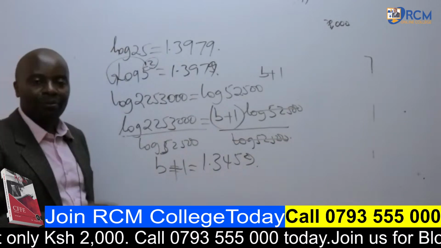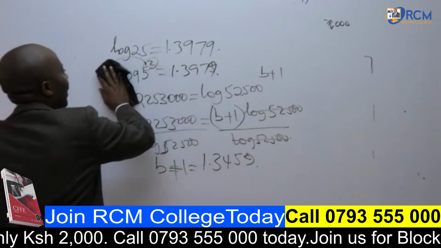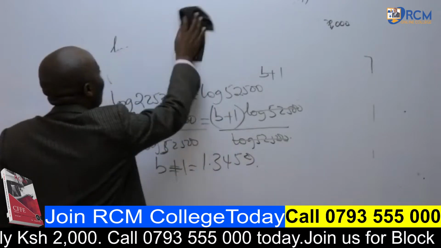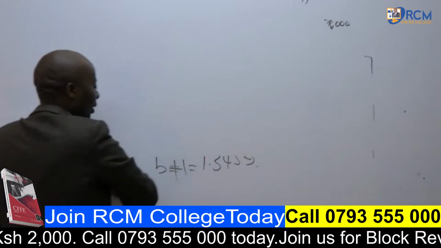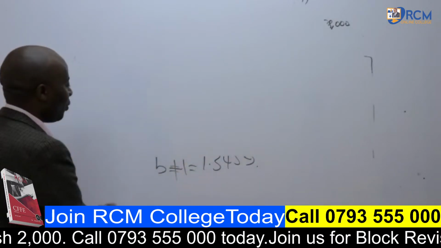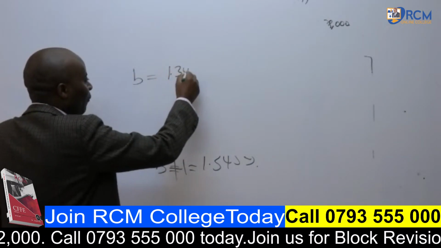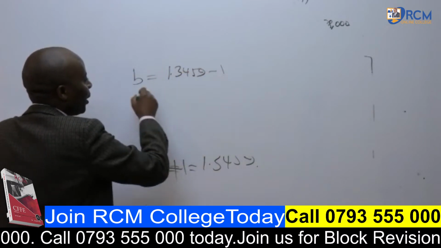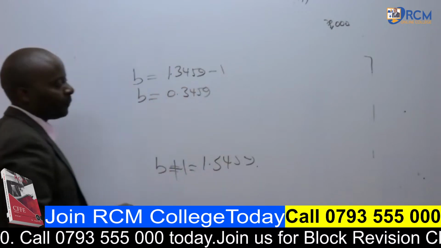I want b to be alone. So could you kindly go ahead and give me the value of b? So b will be equal to 1.3459 minus 1. So b will be equal to 0.3459, like that.